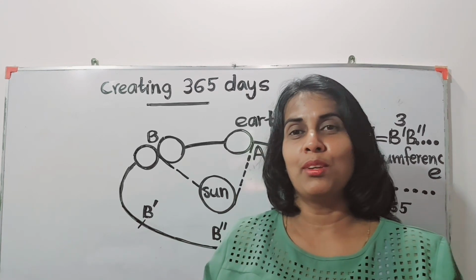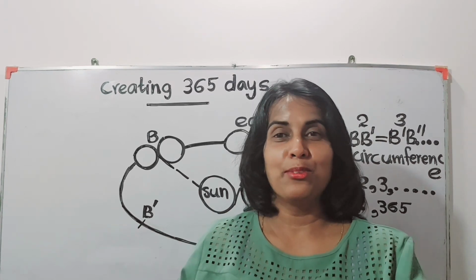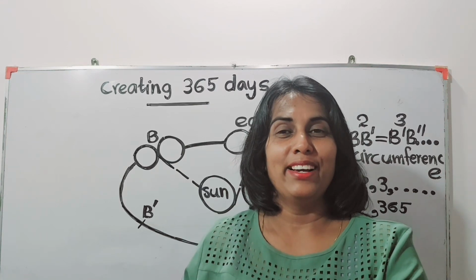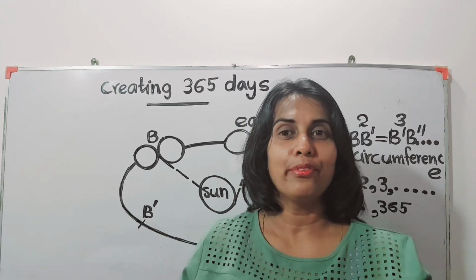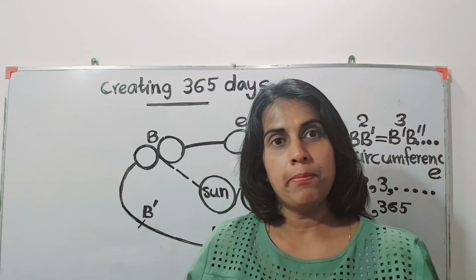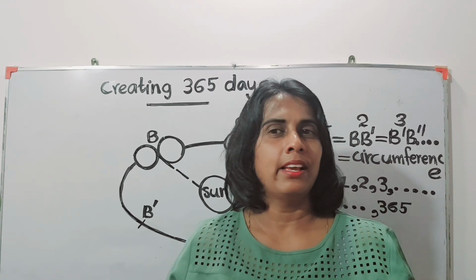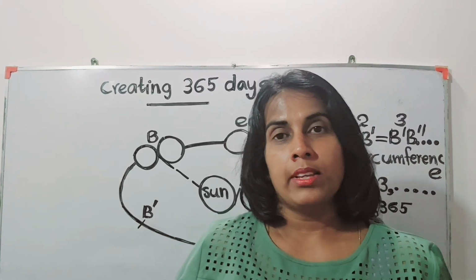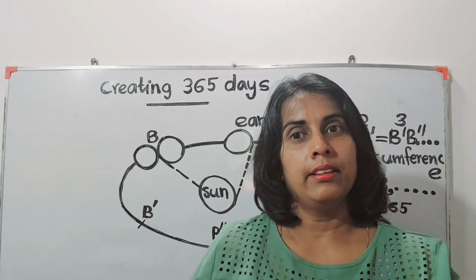From your house today it rises in the direction of your front door, and tomorrow it doesn't rise in the direction of your back door. Every day it rises in the direction of the front door. That means it rises from the same place every day. And not only that, it has no color change or any difference. It rises and sets. That's what is happening in the motion of the sun.